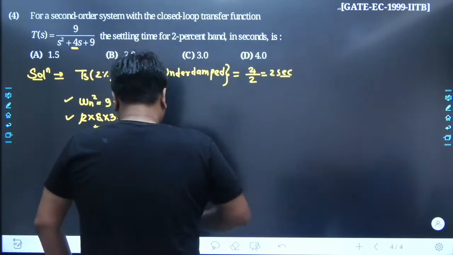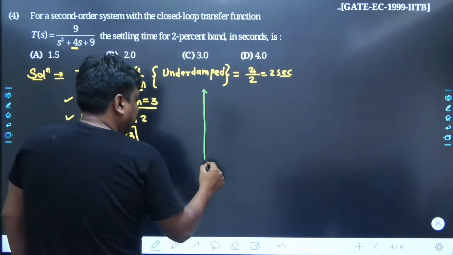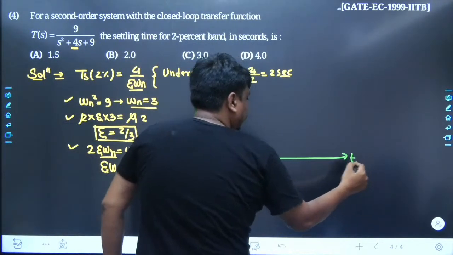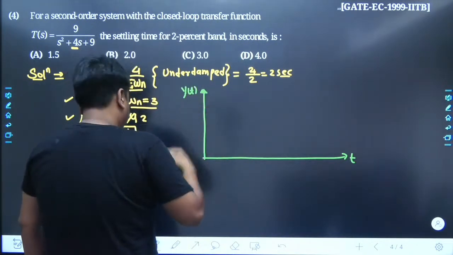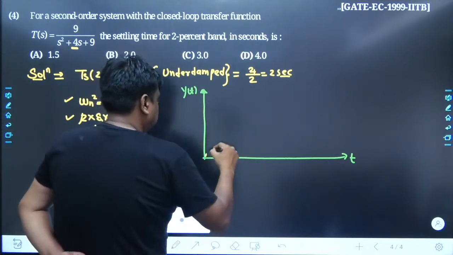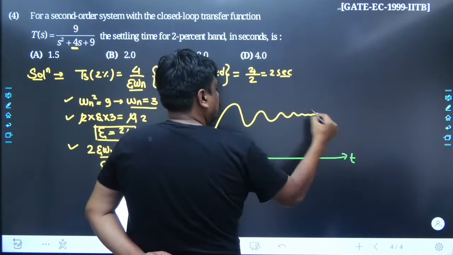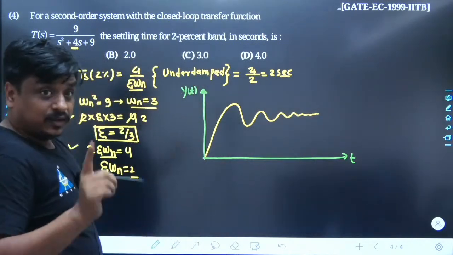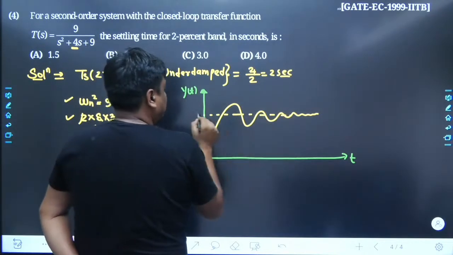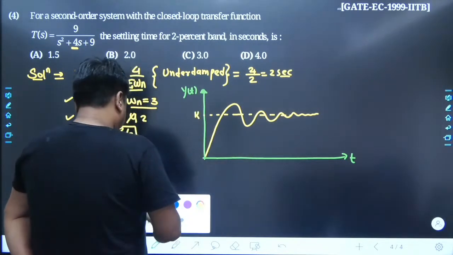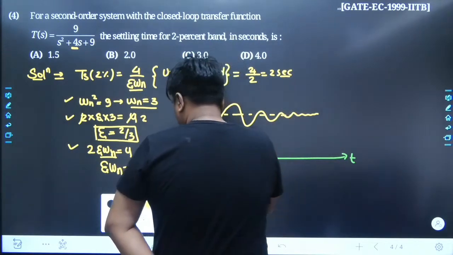What does that mean? Practically speaking, the underdamped system reduces its oscillation over a period of time. And when it goes towards a 2% tolerance of its steady state value, let's take its steady state value to be K. The first time it goes within the 2% tolerance, what does that mean?